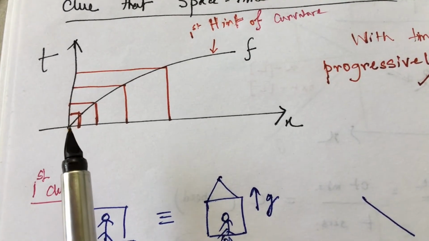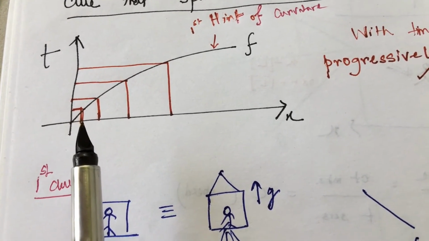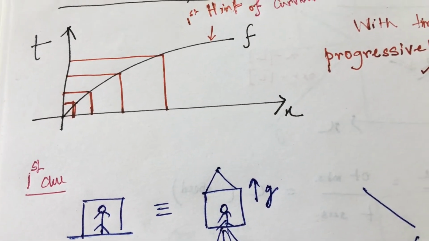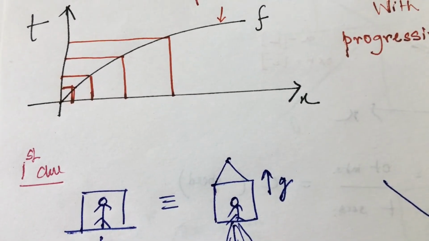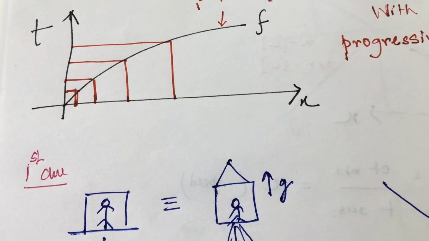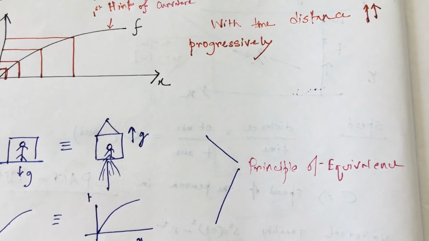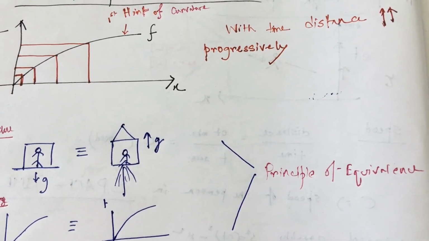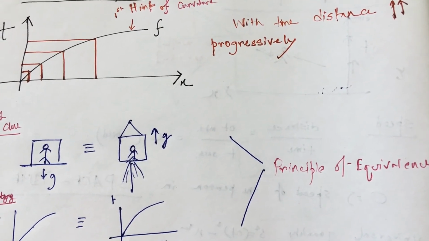This shows for a smaller increment of time, every time this distance is increasing progressively. So instead of going in a straight line, the object is actually traveling in a curved path like this, because with the increasing time, the distance is increasing progressively.